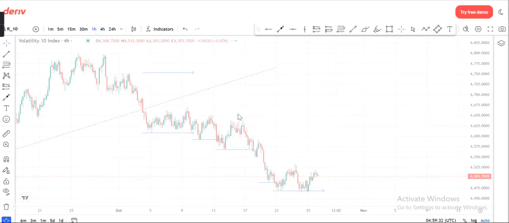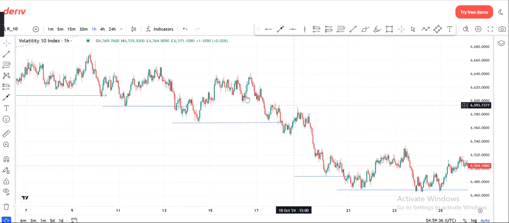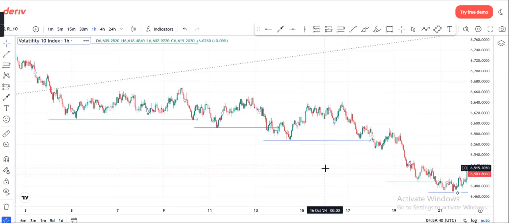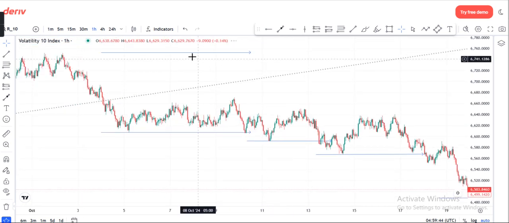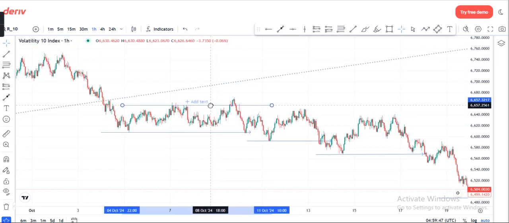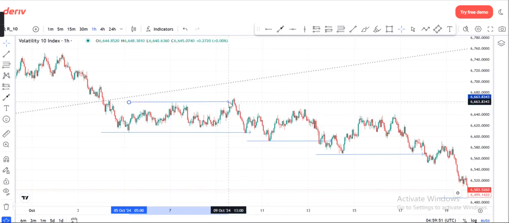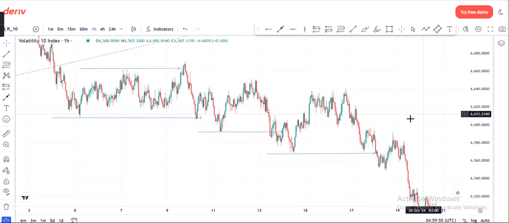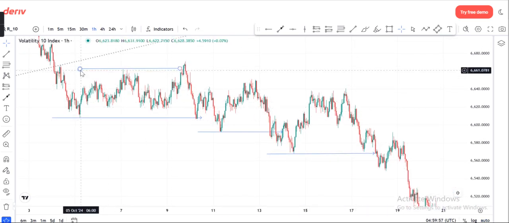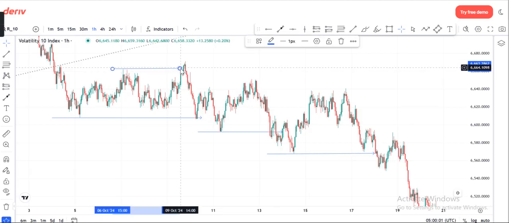Now, based on all of this, we can clearly understand and know where we are coming from. You understand? So we saw what we categorize as a liquidity grab at this point. And based off the liquidity grab, it's helped us to take a good decision in the market for a sell.